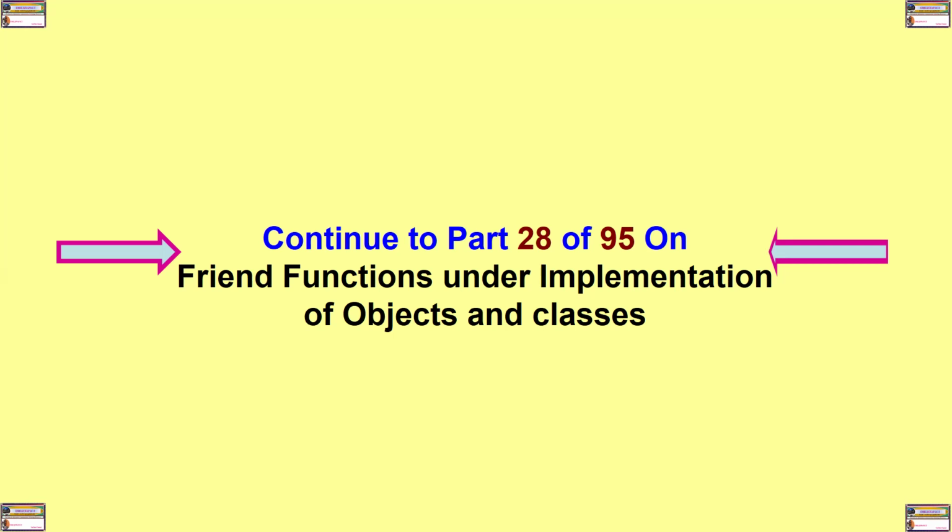So how do we make use of friend functions as we implement objects and classes in object-oriented programming? You will get that information and knowledge from my next presentation, which is part 28 of the 95-part series that you can also access from the Emily Swap ICT YouTube channel.